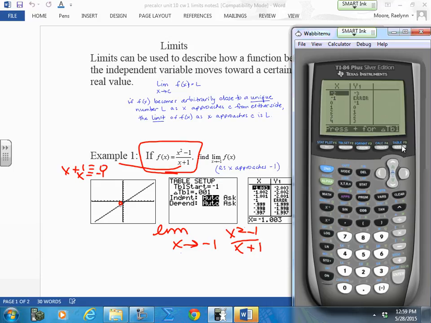The reason I say fine-tune is so we can look exactly what's happening around this -1. Here's my -1. If I look slightly to the left of it and slightly to the right of it, I should almost see them converging at the -2. If I look at my calculator, watch for a second.